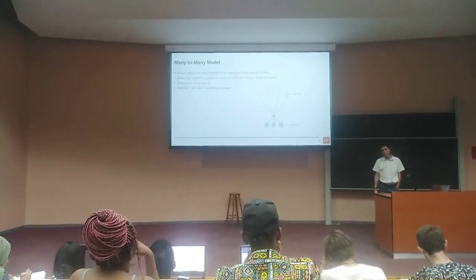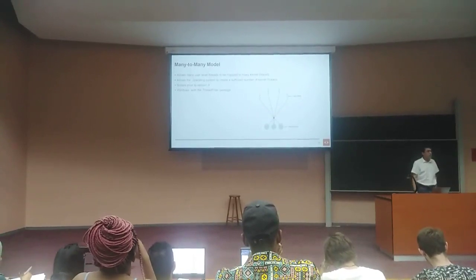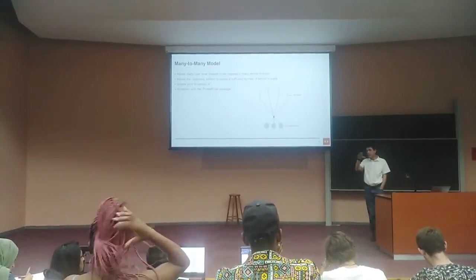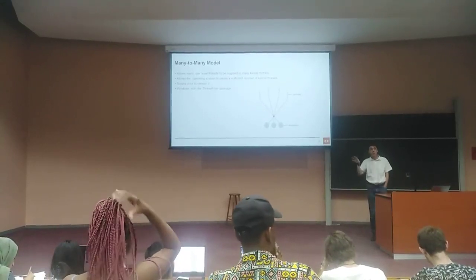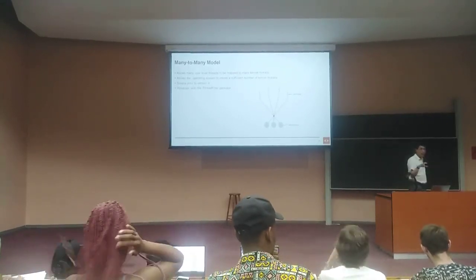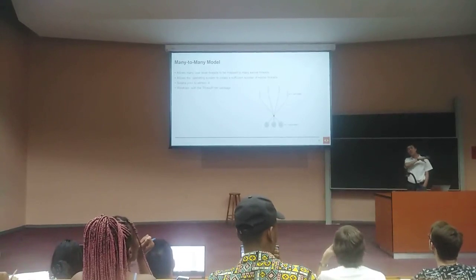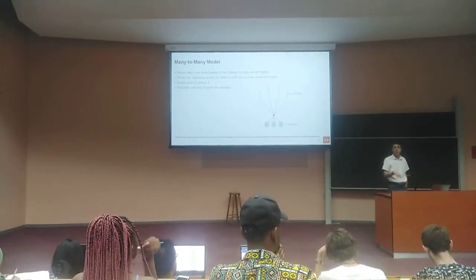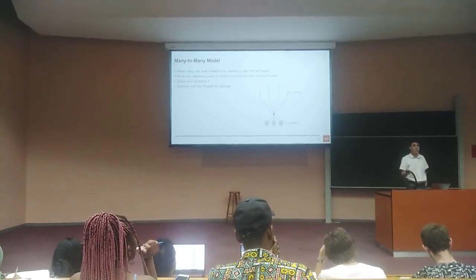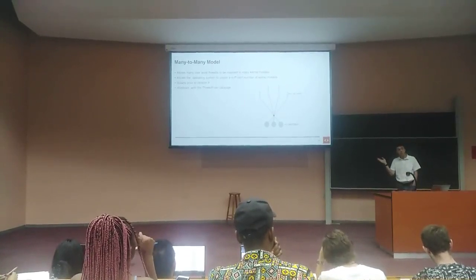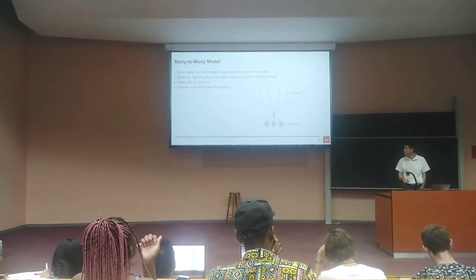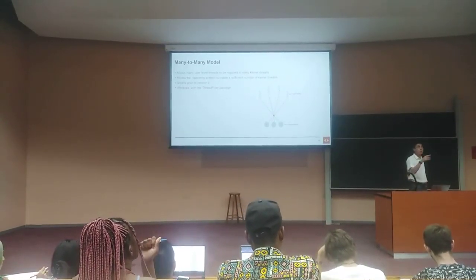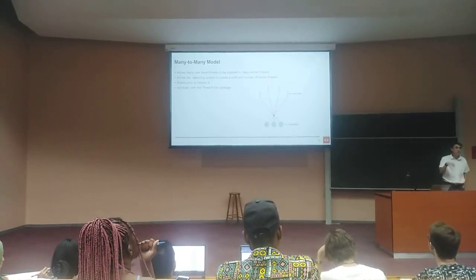And then the last one is the many-to-many model. What is interesting with the many-to-many model is that in certain runtime environments this model is actually applicable, where a certain number of user-level threads get mapped to a different number of threads on the kernel side. What typically happens in between is that a runtime environment manages that mapping and ensures that it runs.